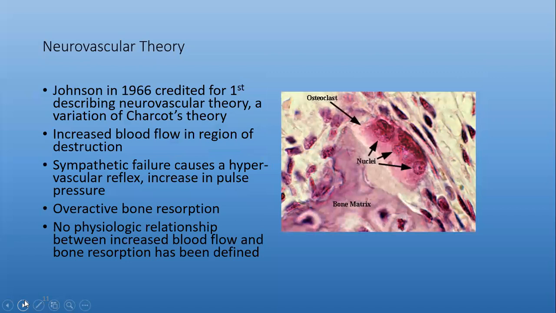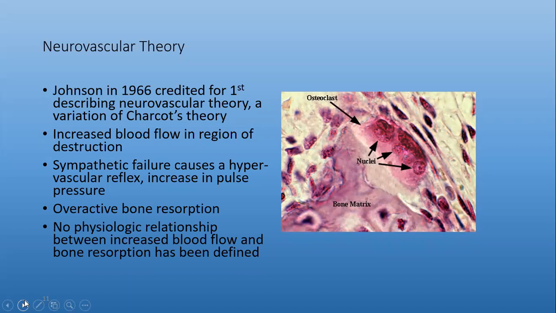The neurovascular theory, in the 1960s by Johnson, he first described this as being a neurovascular theory, so both a neuropathic portion and a vascular portion that causes increased blood flow in a region, failure of the sympathetic nervous system, and therefore causes that increase in pulse pressure, those bounding pulses that we can see in Charcot patients, and then an overactive bone resorption.